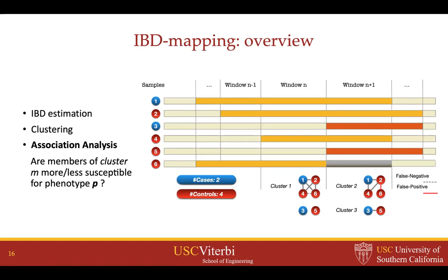That's the idea of IBD mapping. And you have to develop the right statistical methods to test whether this is really a valid association, and that's where I think we can get lots of help from this community.